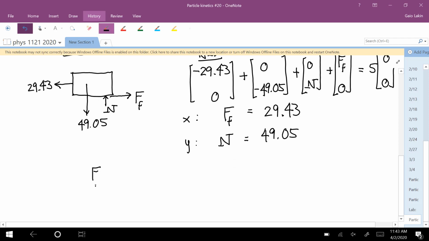The maximum force of friction is the coefficient of static friction times the normal force, which is 24.525.